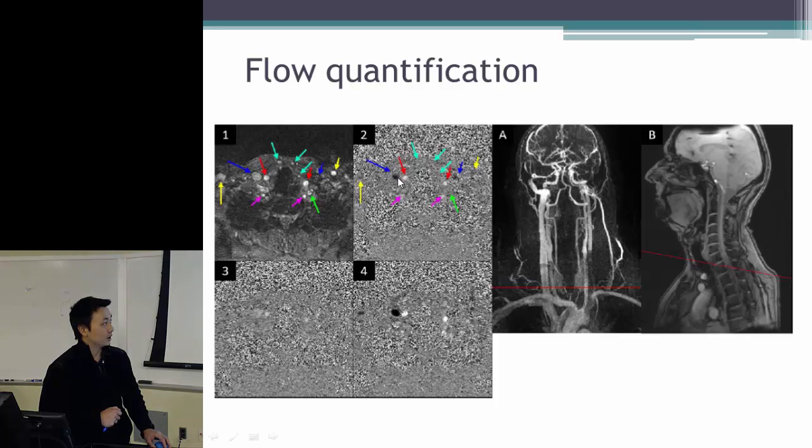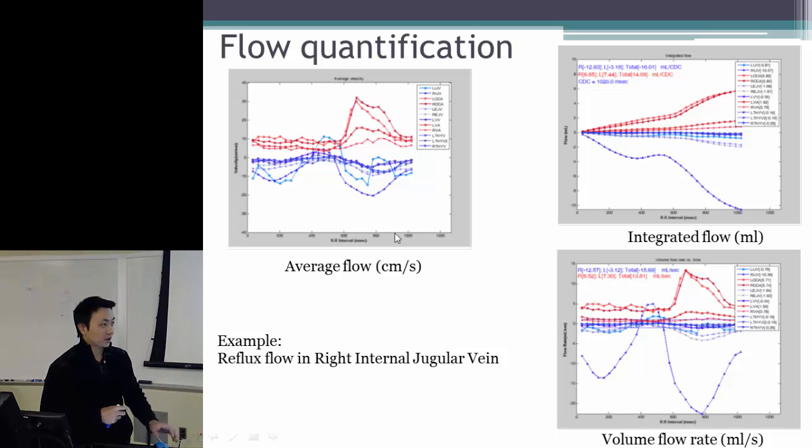When we draw a region inside these vessels and extract this phase, and then use that relationship between the phase and the velocity, we can come up with all these maps with the average flow and the integrated flow, which is how much blood volume has passed through that vessel along the whole cardiac cycle.